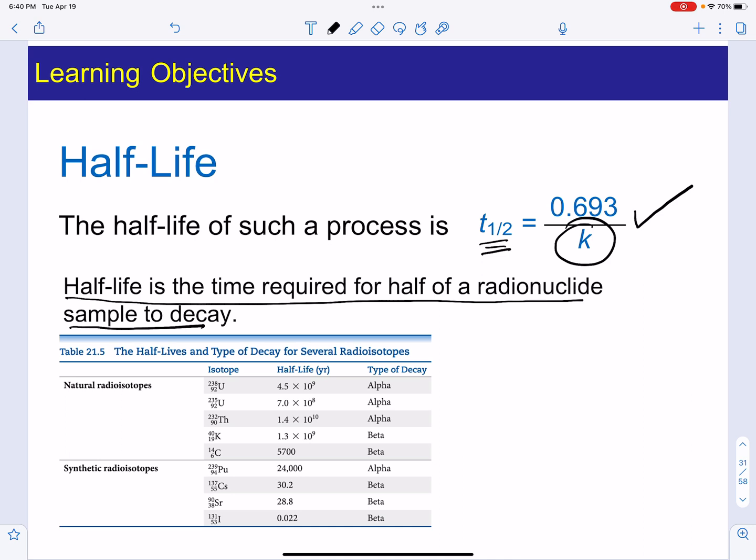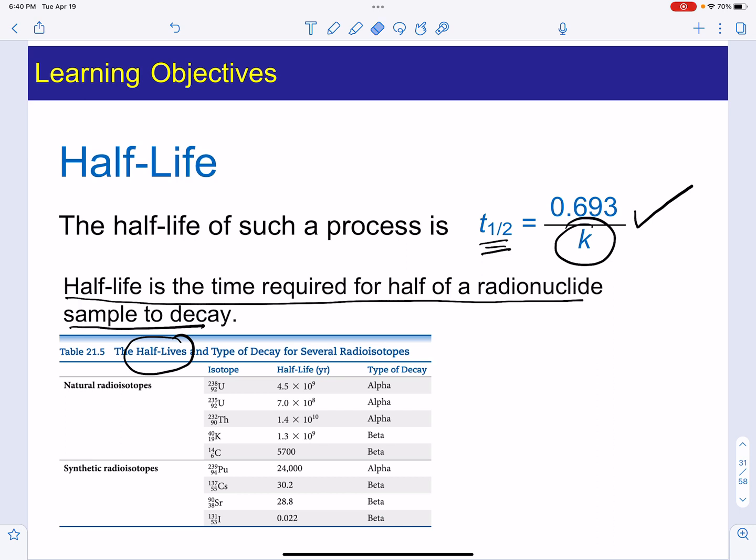And here are several half-life values for different isotopes. So uranium-238 is going to be 4.5 times 10 to the 9 years. So we're basically saying that it's going to take over 4 billion years for 5 grams of uranium to go down to 2.5. So that's a lot of years, a billion years.